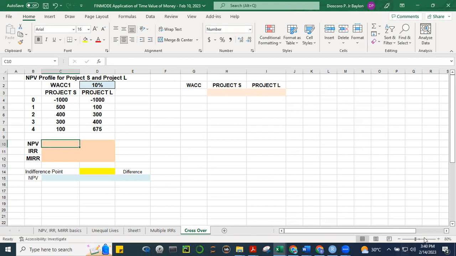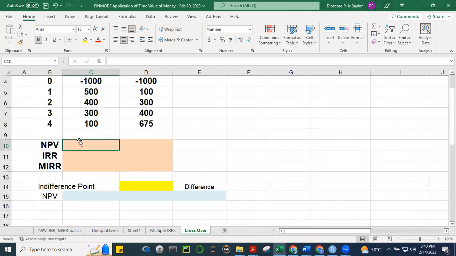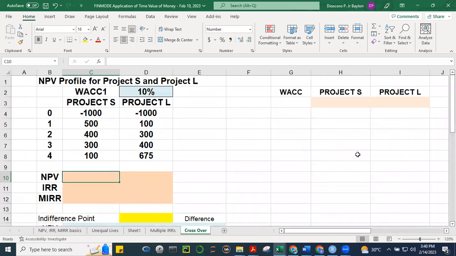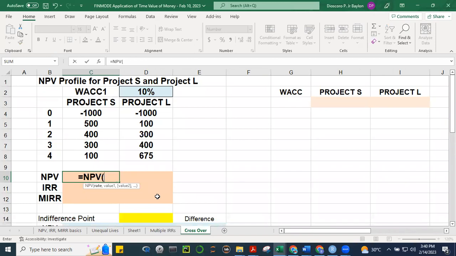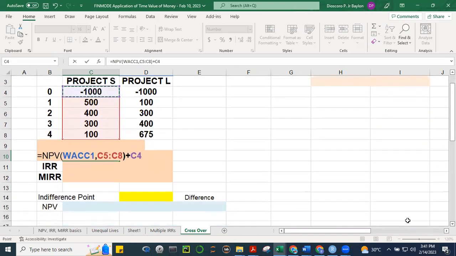NPV, our rate is WACC 1, itong 10% na to, no? Values is this one, right? And then plus the initial investment. So that's our NPV for project S, control enter.